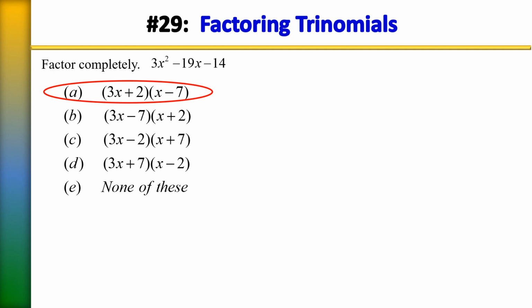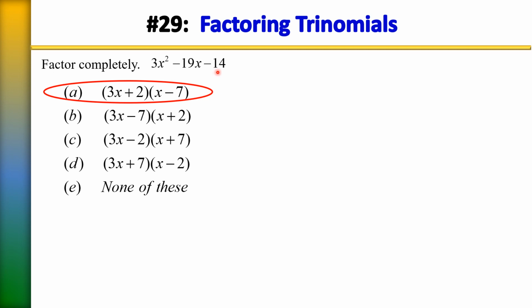And first of all, let's take a look at the first and the last term. When you notice the first and the last term, such as in this case, they are numbers where there's not a whole lot of possibilities of their factors. For example, factors that give me 3 are just 1 and 3. There's no other factors. Factors that give me 14 would be 1 times 14 or 2 times 7.